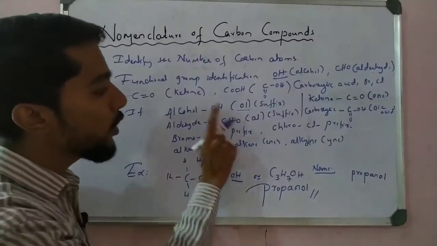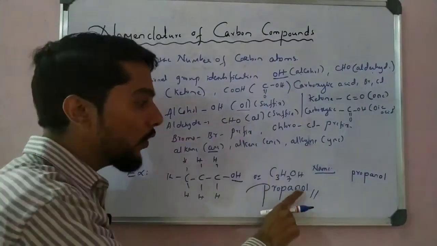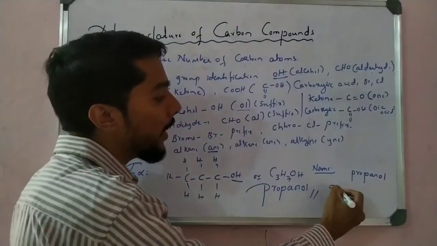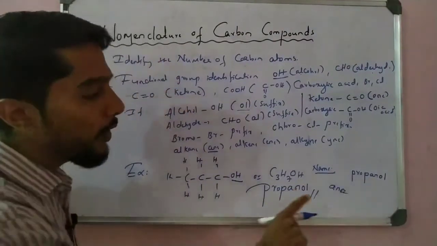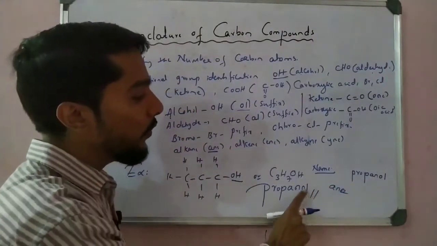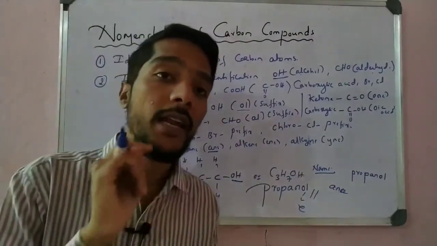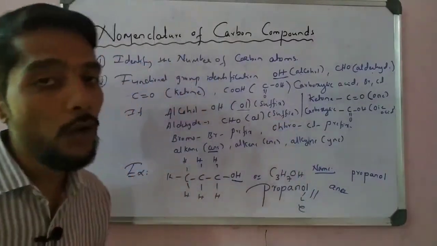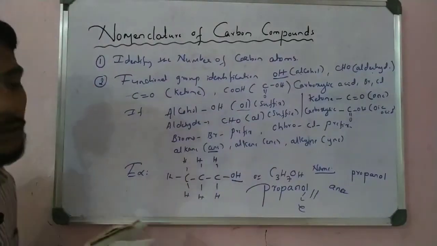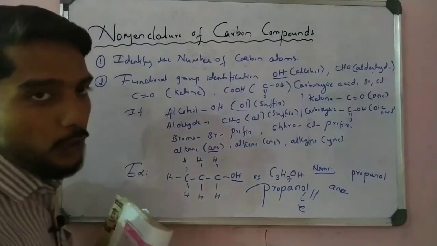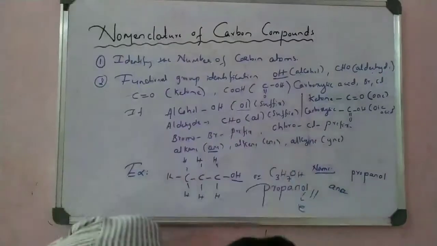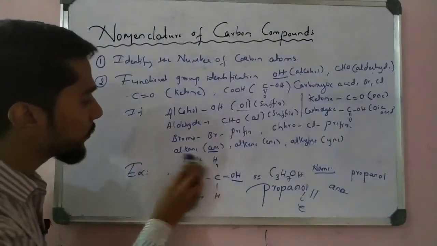We write OL by removing the E of ANE; in the place of E I write OL in the case of alcohol. So this is another important one, where the functional group is alcohol. Now let us see another example. I can remove this one.